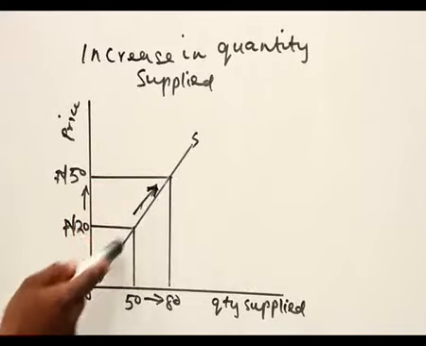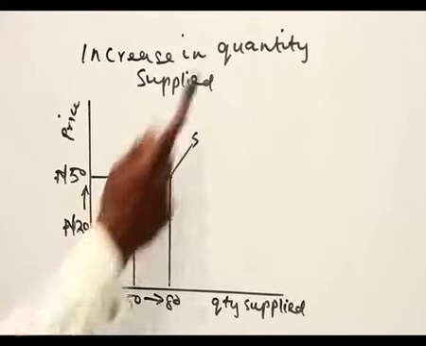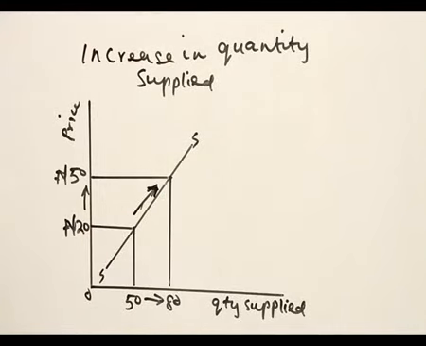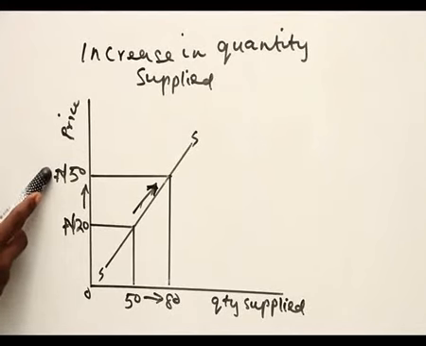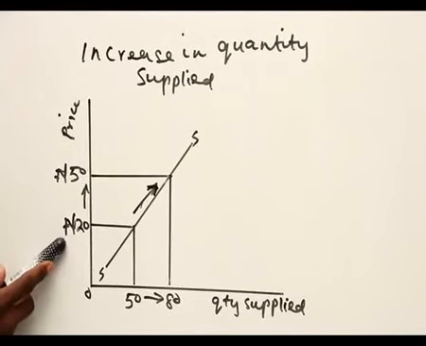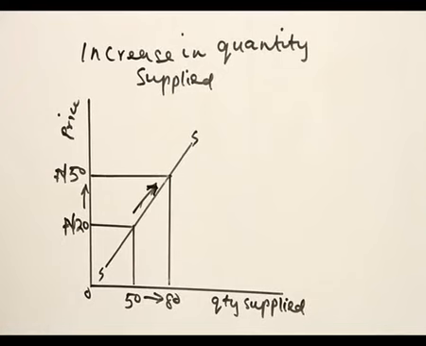We have the supply curve that we have said is upward sloping. On the price axis, we can see 50 naira here, we can see 20 naira here. On the quantity axis, we can see 50 quantity, we can see 80 quantity.